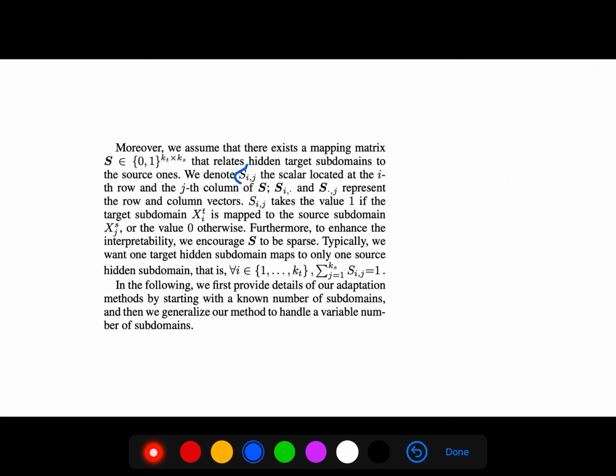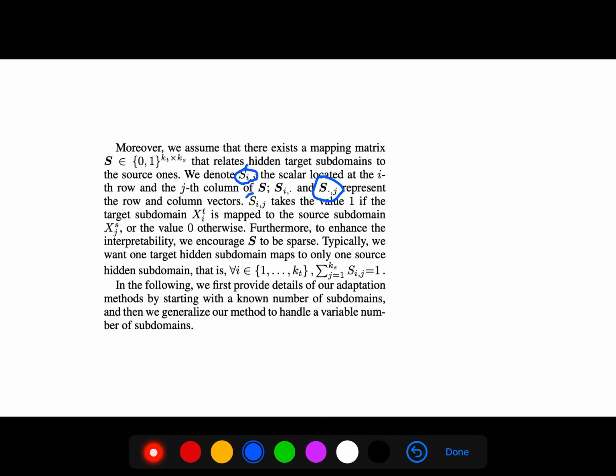We denote S sub ij the scalar located at the ith row and the jth column of S, and S sub i and S sub j represent the row and column vectors.